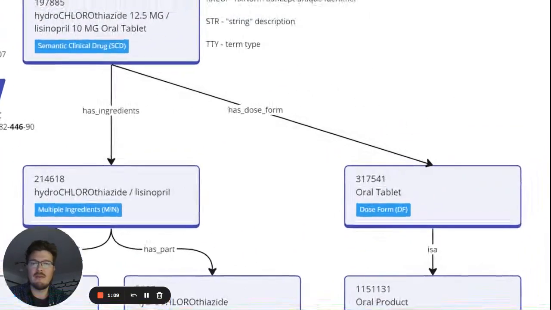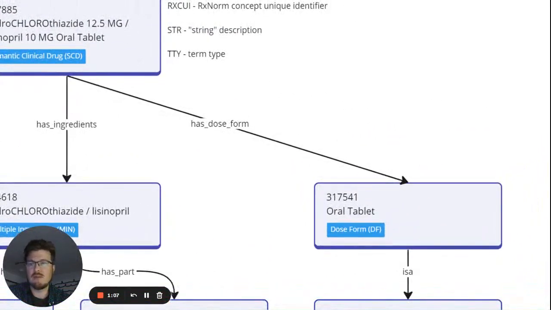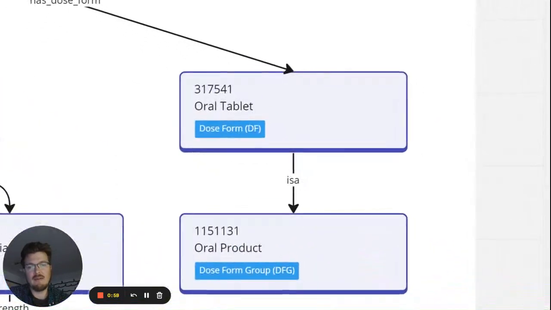It has other relationships with other things. So in this case, it has a dose form of an oral tablet, which also has its own identifier. And that oral tablet is an oral product. So if you wanted to perhaps group multiple different oral products like tablets and capsules and other things together, RxNorm also has kind of a hierarchy where you can group by that dose form group, basically.